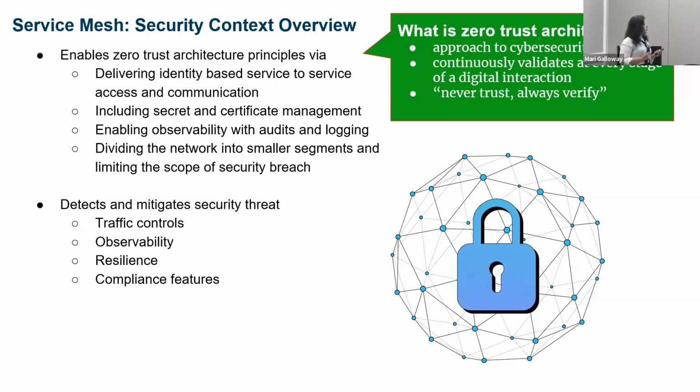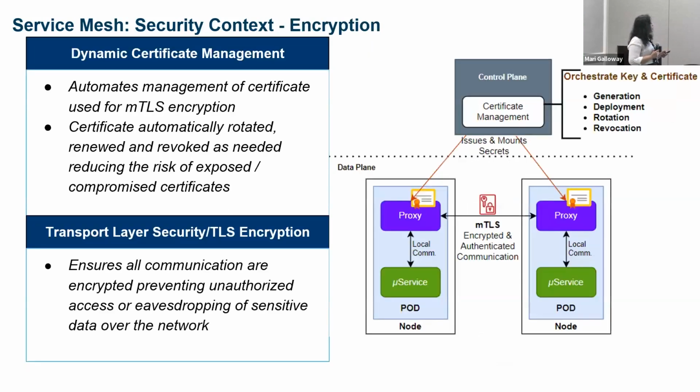Okay, so let's deep dive and look into how service mesh helps with encryption. The control plane in the service mesh provides a feature called certificate management. This certificate management feature in the mesh automates the management of certificates that are used for mTLS authentication.